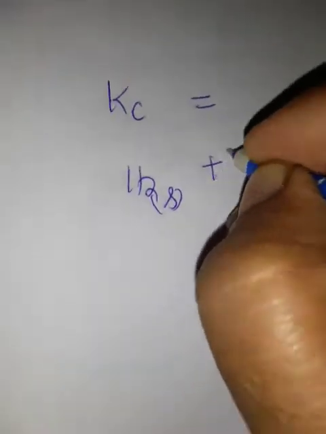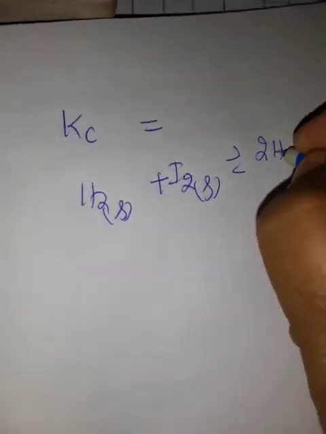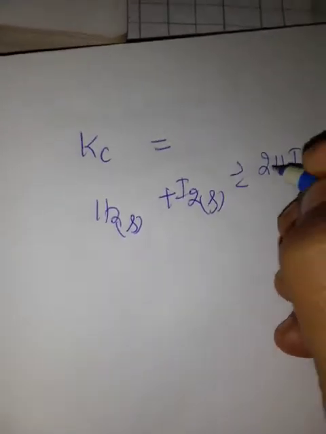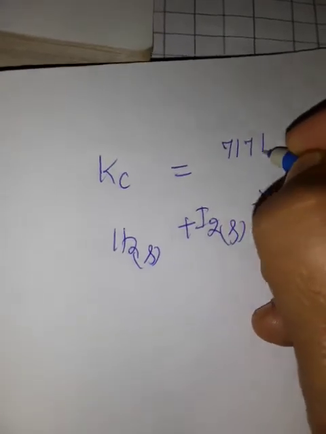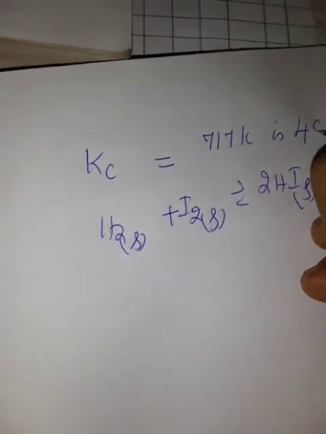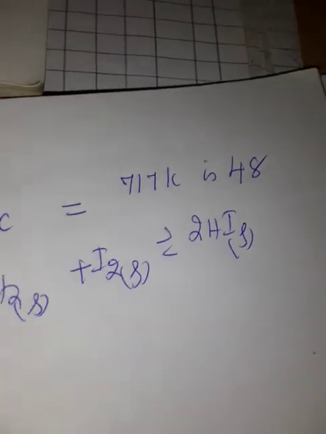Now I will show an example. Consider an example. The value of Kc for the reaction H2 gas plus I2 gas giving 2HI gas at 717 Kelvin is 48.